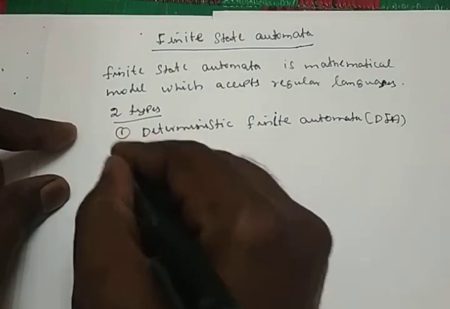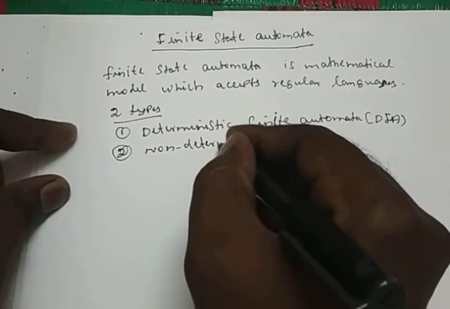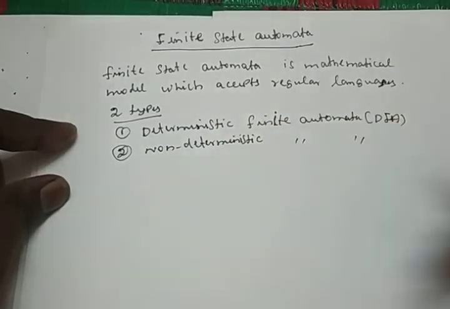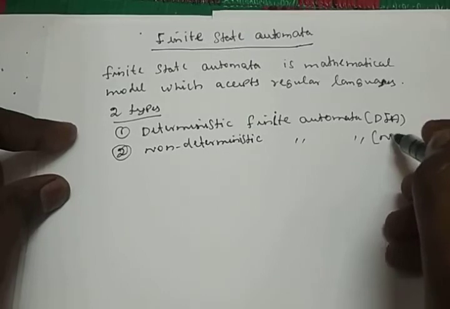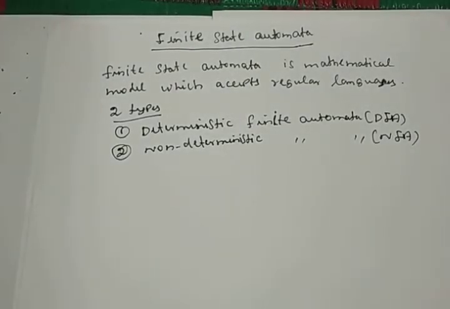And the second one is non-deterministic finite automata, in short called NFA. So these are the two types. So what is the difference between deterministic and non-deterministic finite automata?